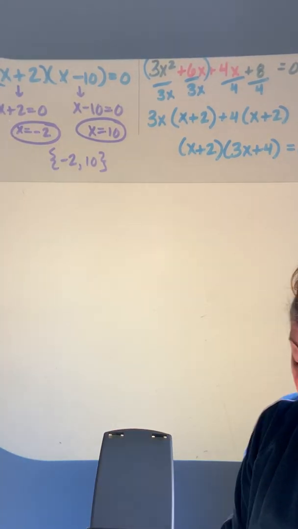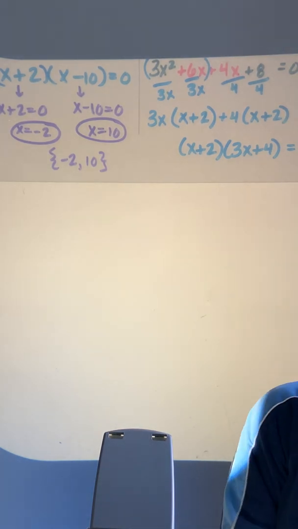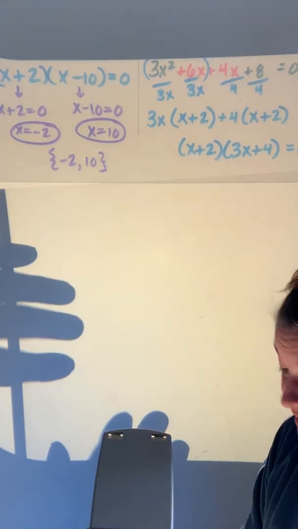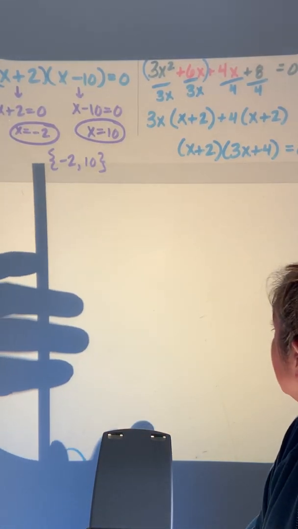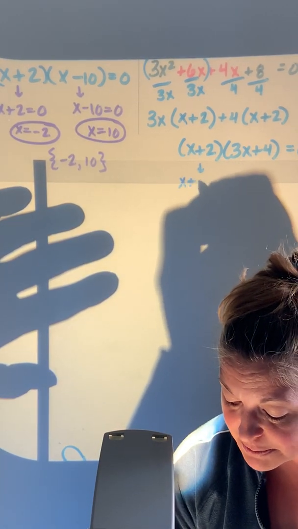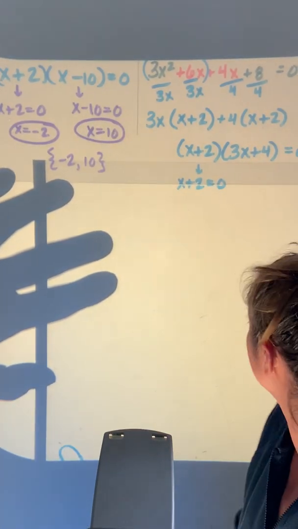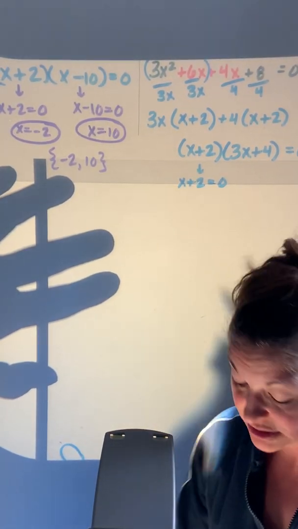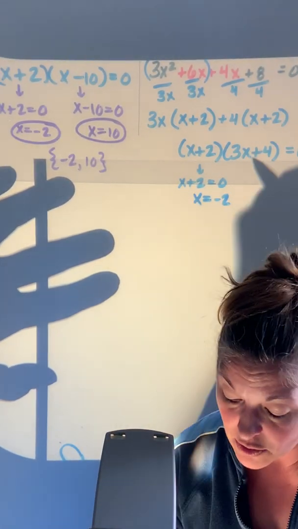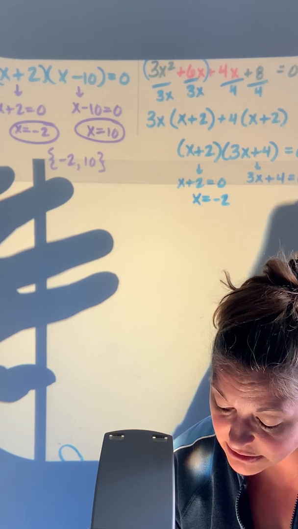And now we just have to go ahead and solve those. Let's just add in some little extension here. So we've got x plus 2 equals 0. Ooh, that did not work. Eesh. So that will give us x equals -2. Over here, we'll have 3x plus 4 equals 0.